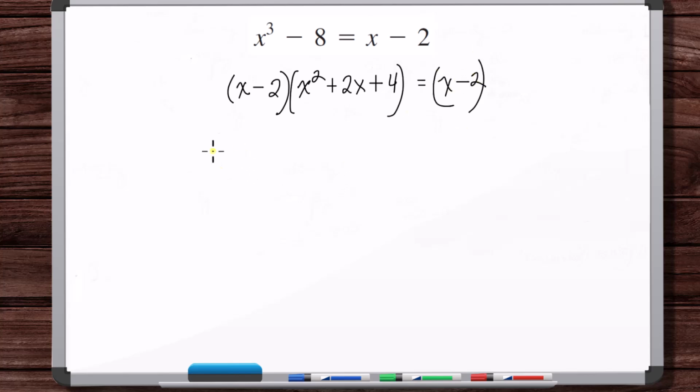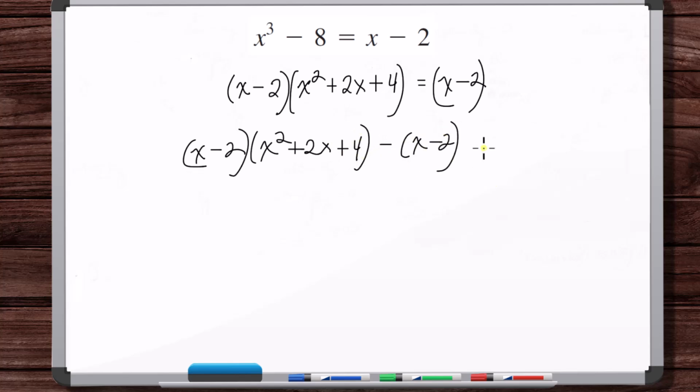And so from there, we can do this. This is just like a little factoring trick. We can subtract x minus 2 from both sides. Okay, but now we can factor out an x minus 2. And so we'll get x squared plus 2x plus 4 minus 1, which is going to be just positive 3.